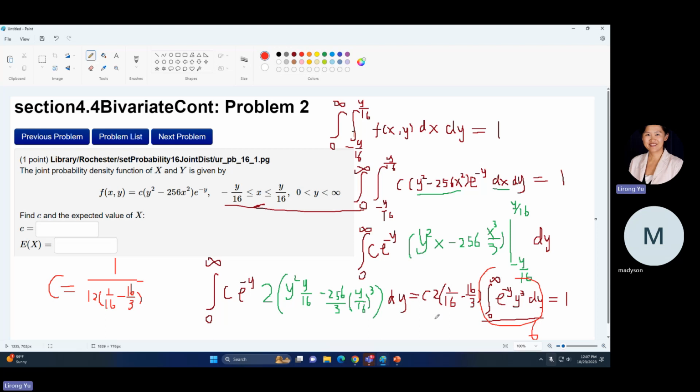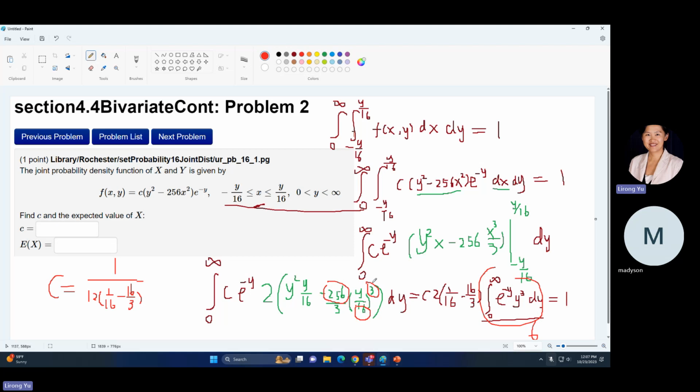Yes, 256 divided by 16. Oh, that was cubed, right? That was cubed. So I forgot the cube. That was the issue. So that can't be right. This part is 256, and this part is 16 cubed. So this is actually 16 cubed.